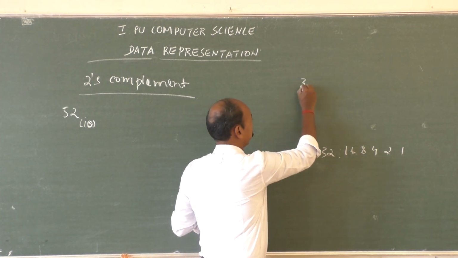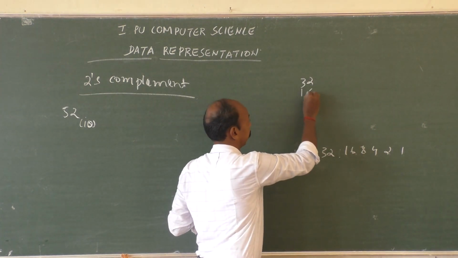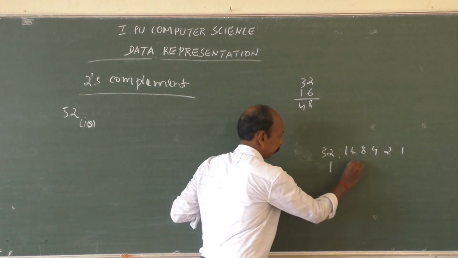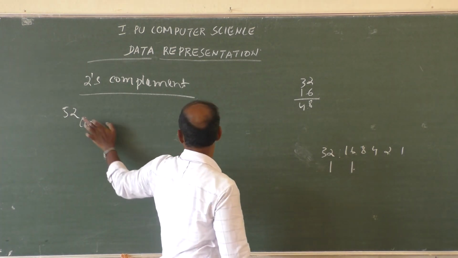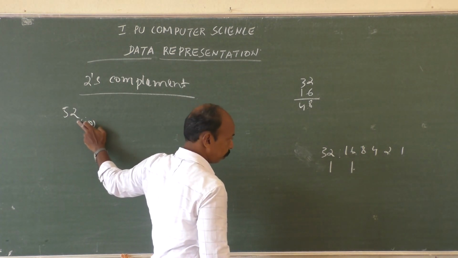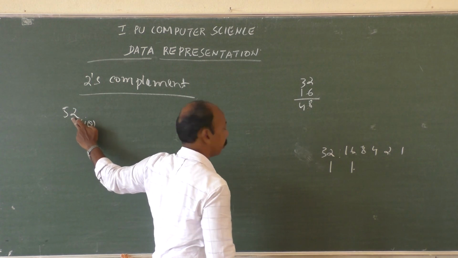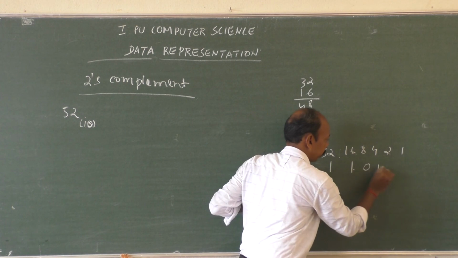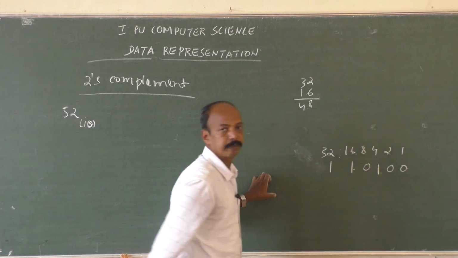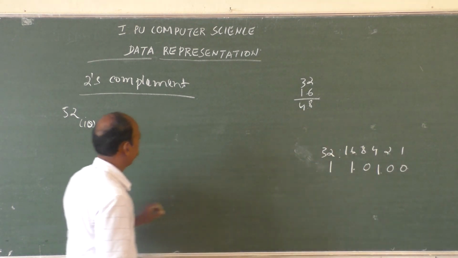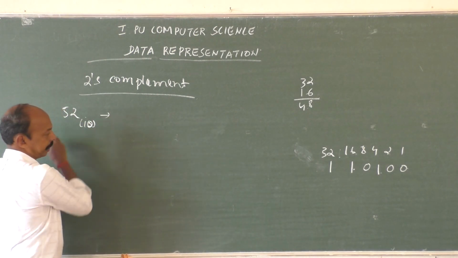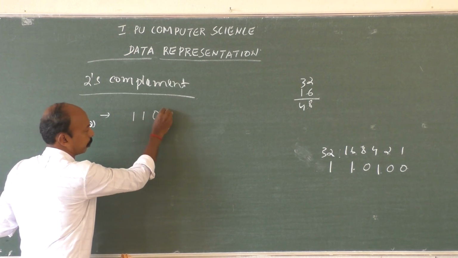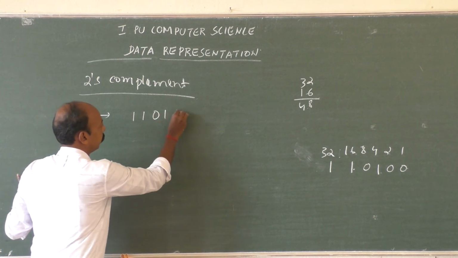Now 32 plus 16 is 48. So these two bits will be 48. Now 4. 48 plus 4 will be 52. So this will be 4. The other values will be 0. That's why in binary it will be 1, 1, 0, 1, 0, 0.